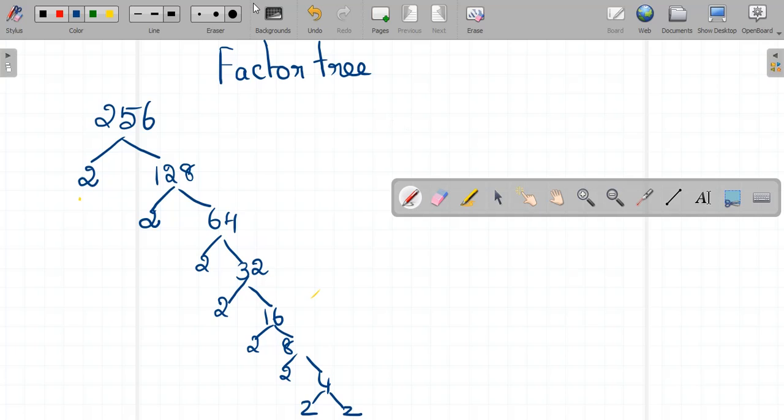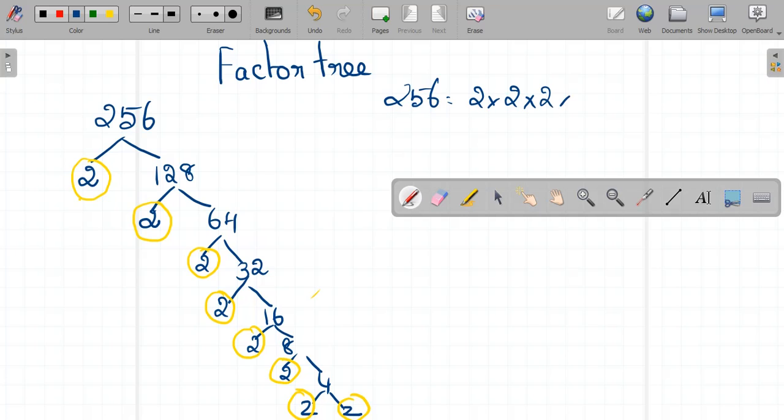Now let us see, if you write the factor tree for the number 256, let's count how many times you have to write 2. So 3, 4, 5, 6, 7 and 8. So if you see the factor tree for 256, you will end up saying 2, 8 times.